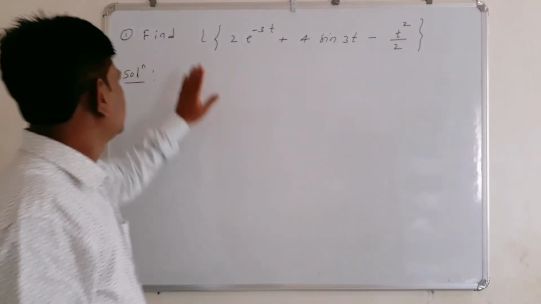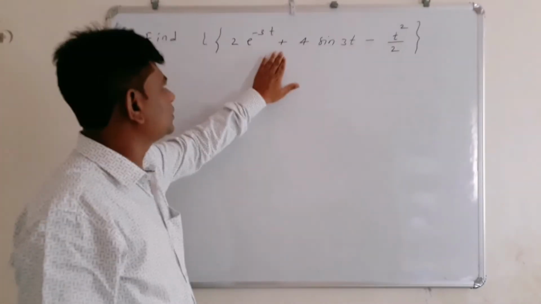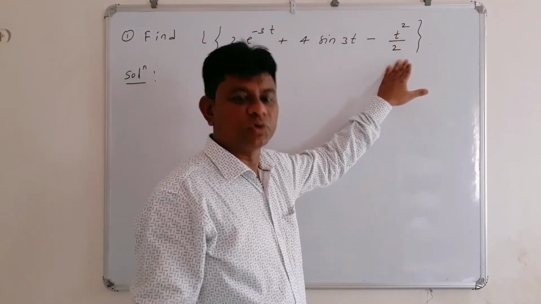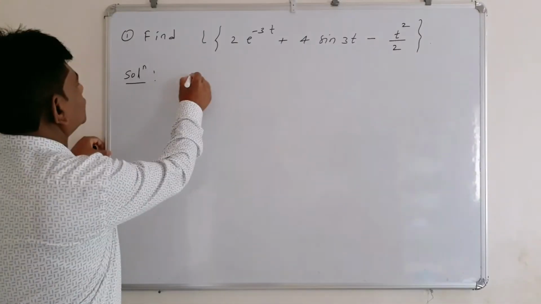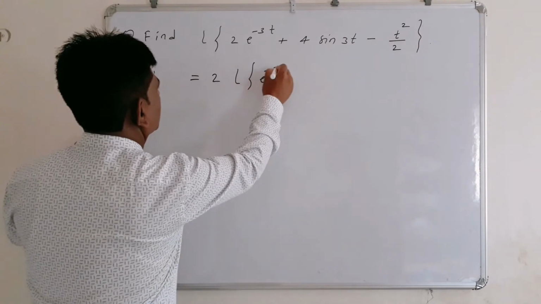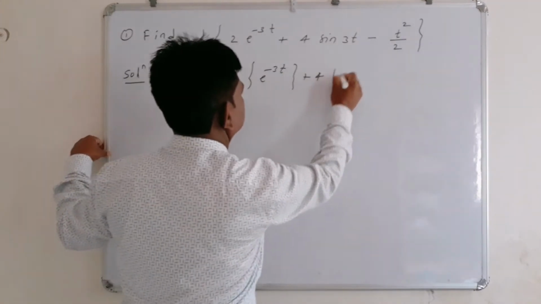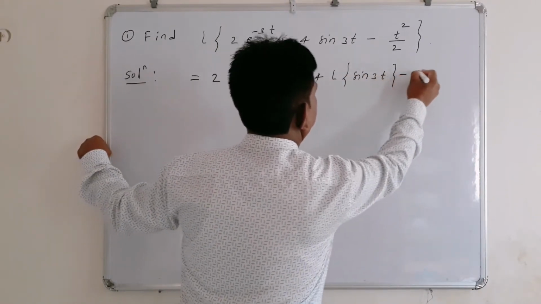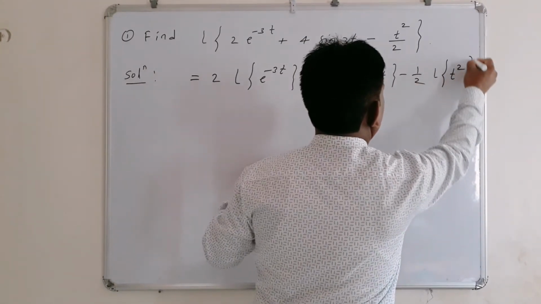Now we find Laplace transform of 2 times e to the power minus 3t plus 4 times sine 3t minus t square by 2 by using linearity property. This is equal to 2 times Laplace transform of e to the power minus 3t plus 4 times Laplace transform of sine 3t minus half Laplace transform of t square.